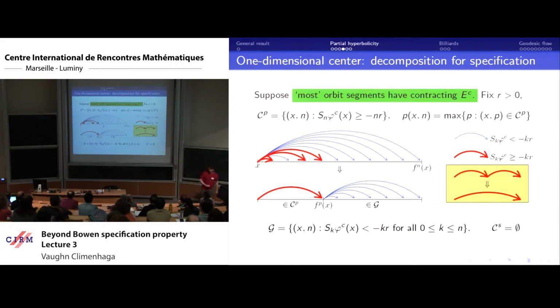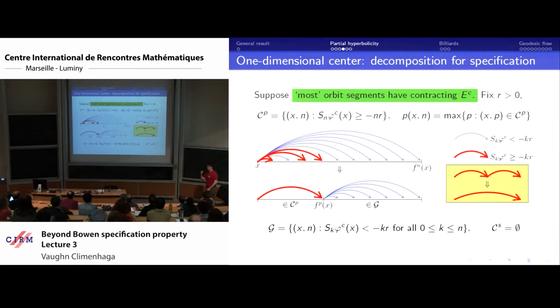So what should the decomposition be? The decomposition should be to take an orbit segment xn, this guy here, look at each time p, and look at the orbit segment that goes from x to p. So 1, 2, 3, 4, and so on. And for each one, one of two things will happen.